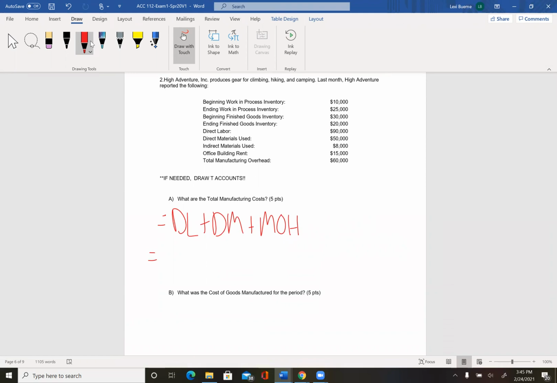Direct labor is going to be this 90,000 right here. Direct materials is this 50,000, and then manufacturing overhead is 60,000. So those 90 plus 50 plus 60, and that's going to give you 200,000 as your total manufacturing costs.